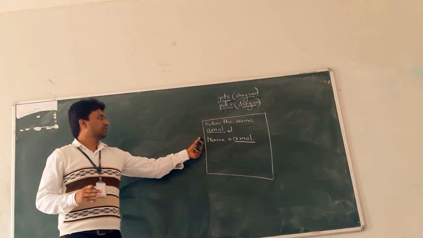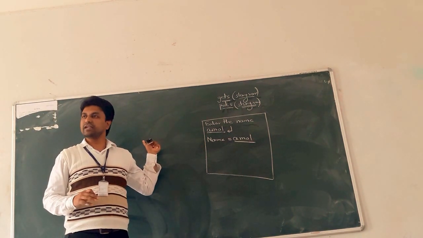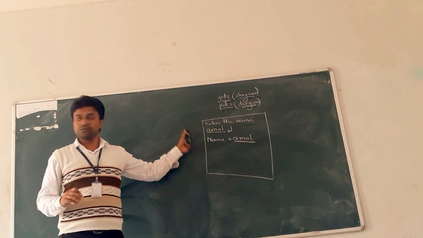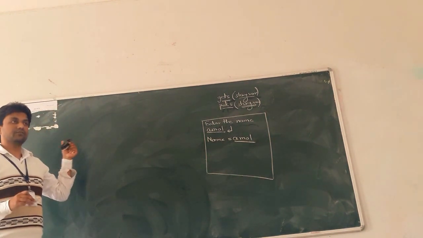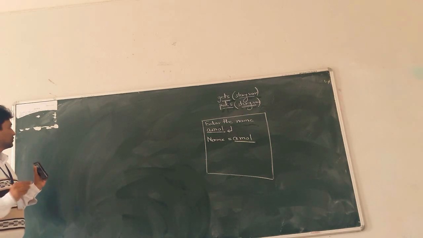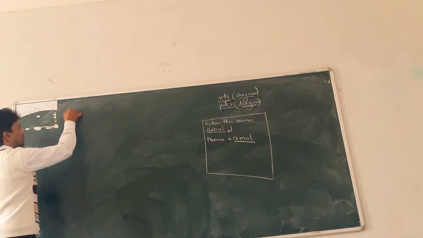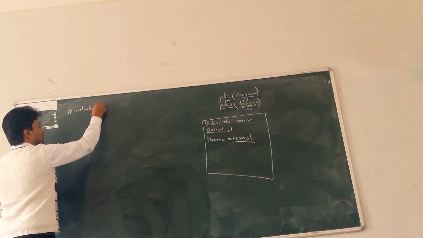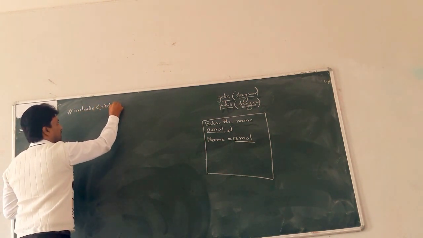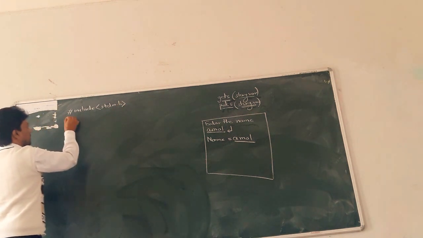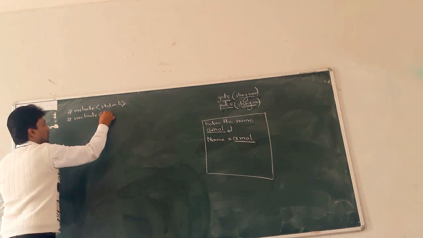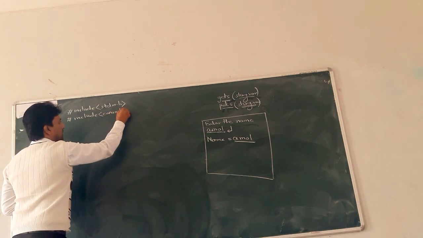For that we have to create our C program. This is a simple output. For that we have to create our own program. So start from hash include stdio.h, then hash include conio.h.